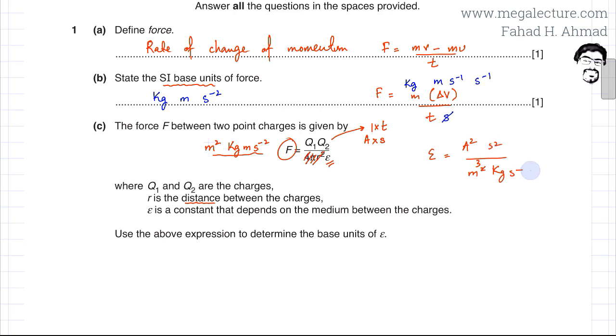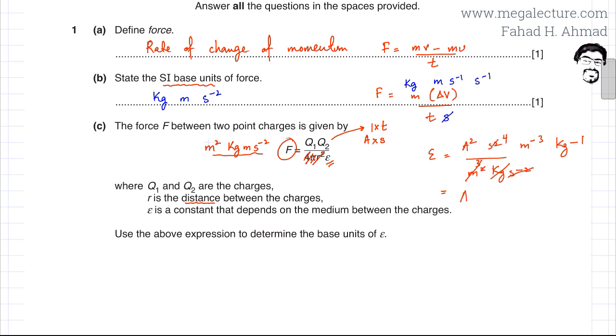And this over here was s minus 2, and I'm going to simplify this. If I bring s to the top, it's going to become plus 2, so it becomes s to the power 4. If I take m to the numerator, it's going to become m minus 3, and if I take kg to the numerator, it's going to be kg minus 1. So let's write this down neatly.